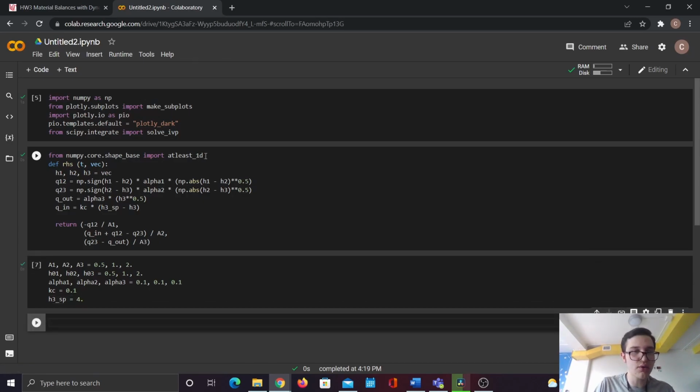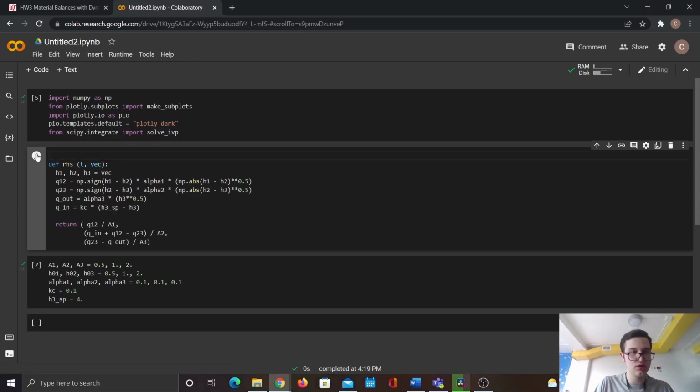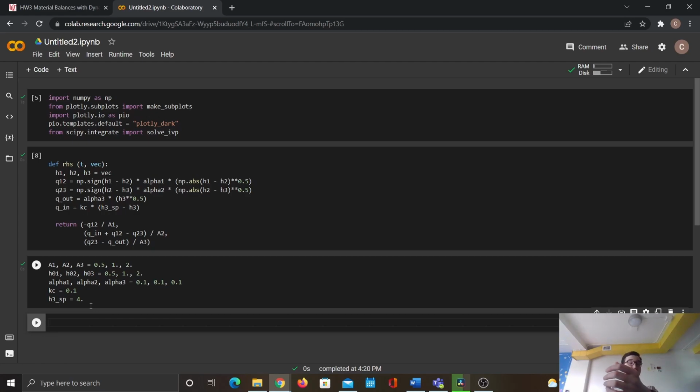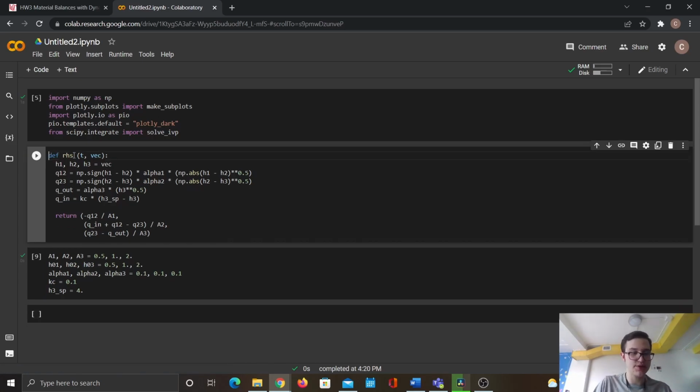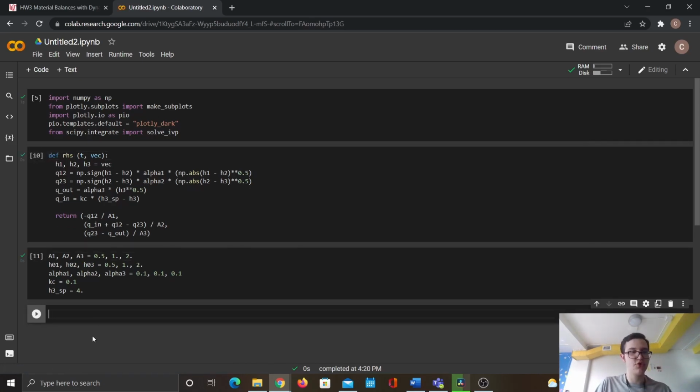Shift Enter. Sorry, an unnecessary value or import was made because of some autocorrect, so I want the backspaces. All right, should be all set up.